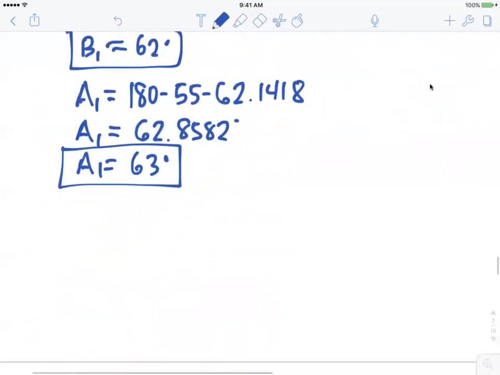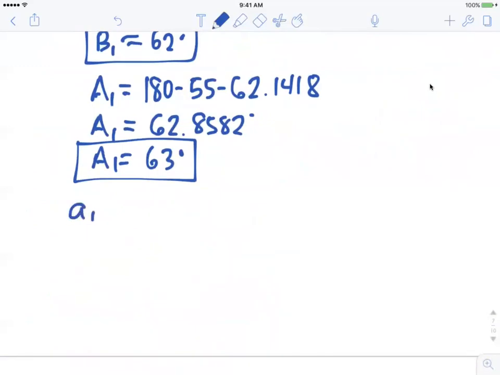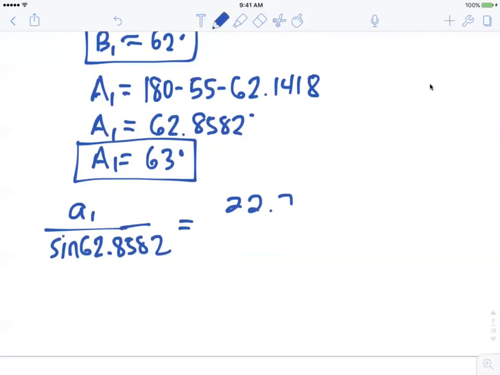So a sub 1 over the sine of the A sub 1 angle, and that's where I need that more accurate one, 62.8582. That's going to be better than 63. That way I won't be off by a decimal place. And then I've got the standard, C's 22.7 over sine 55.